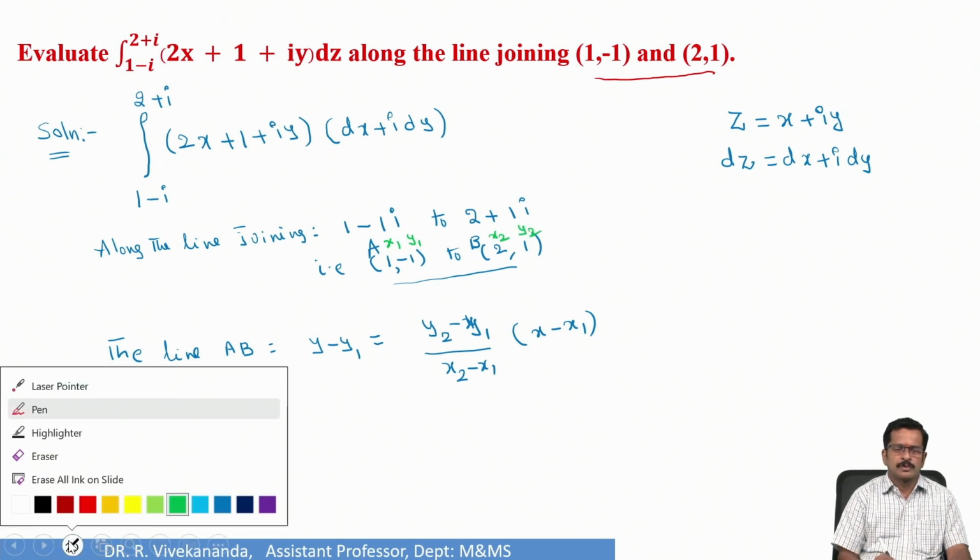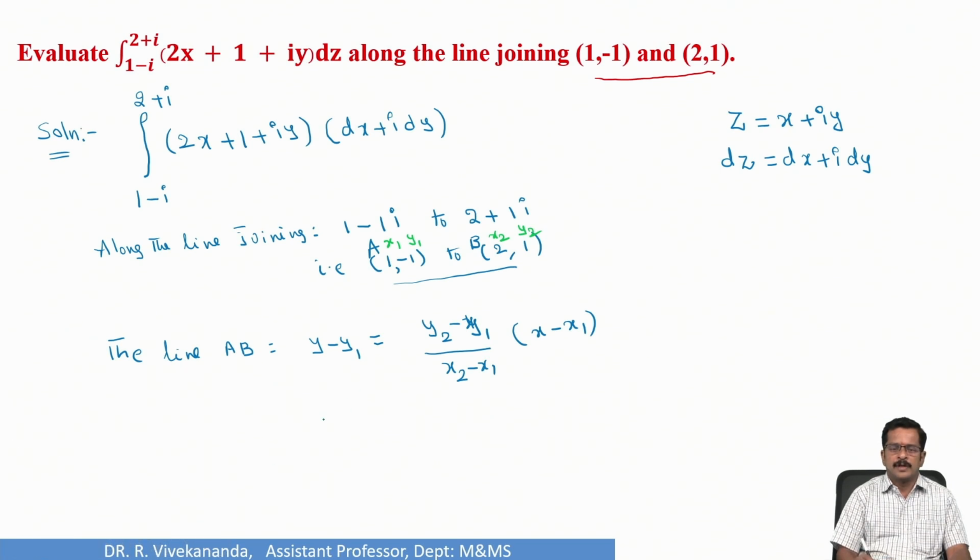Now you substitute. y minus y1 means y minus (minus 1), equals (y2 minus y1), that is 1 minus (minus 1), by (x2 minus x1), that is 2 minus 1, into (x minus 1).